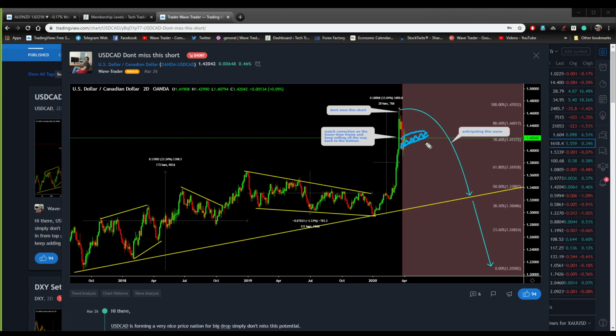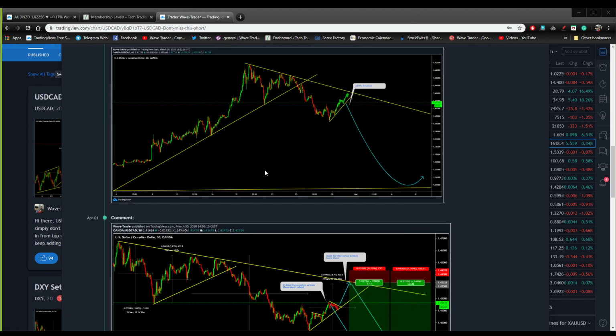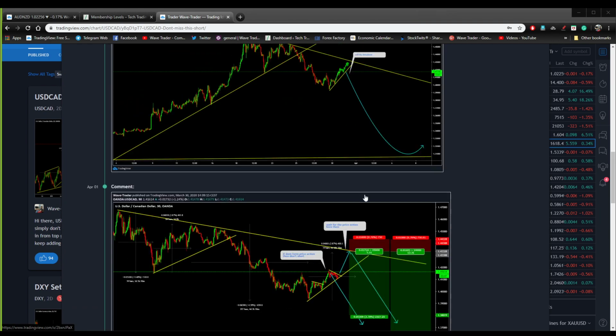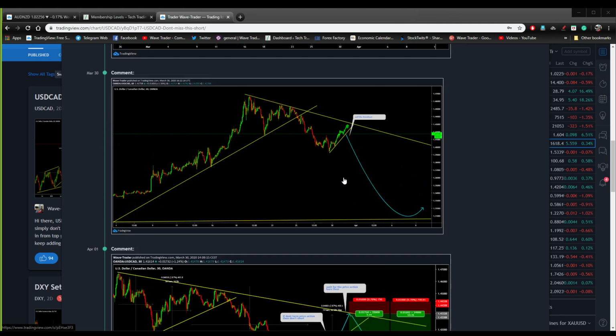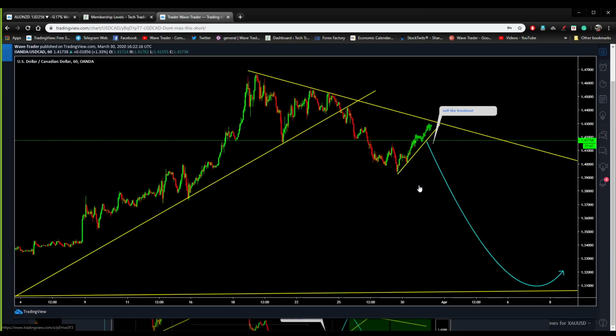If it is going to get bigger, look for it to break down and continue to go lower. This chart is still giving you a lot of time to get into the trade if you are not in the trade from the top. This is the correction which we were expecting.